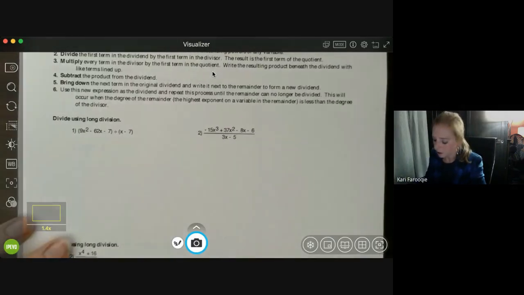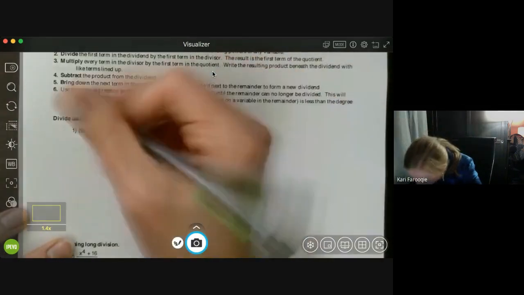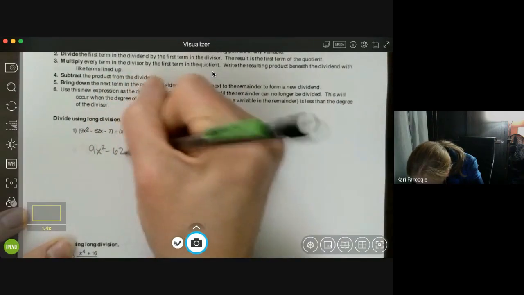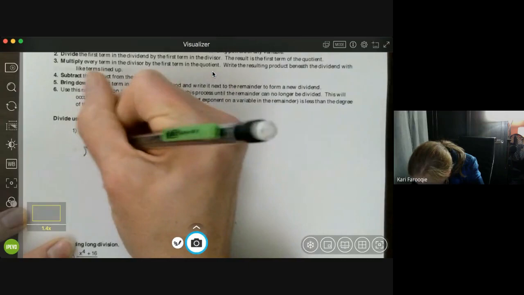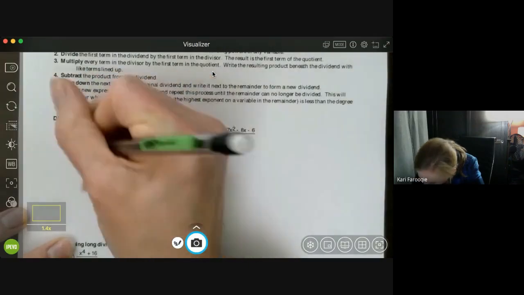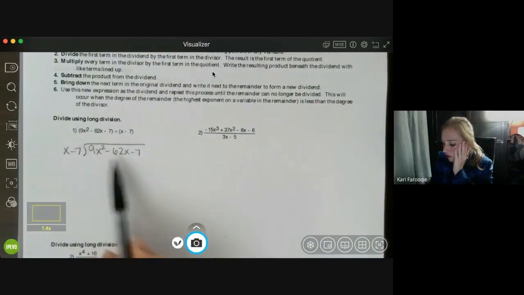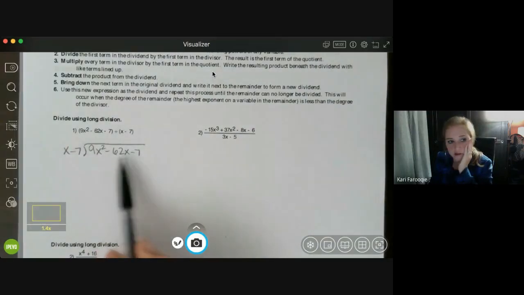Okay. We're going to write this in the form of long division. We're going to make sure that our dividend and divisor are both in descending order. We're also going to make sure that we're not missing any factors of x in the dividend.